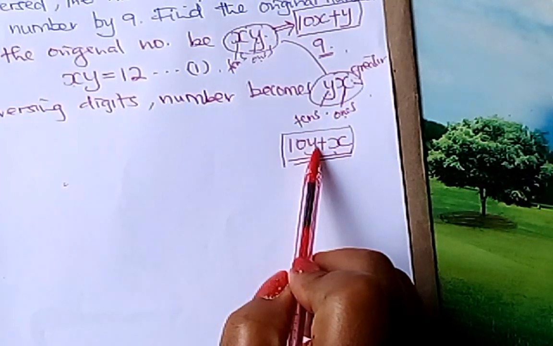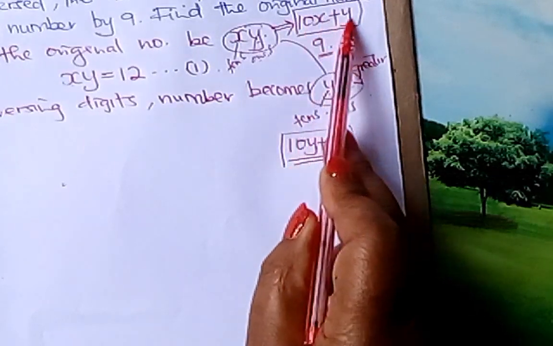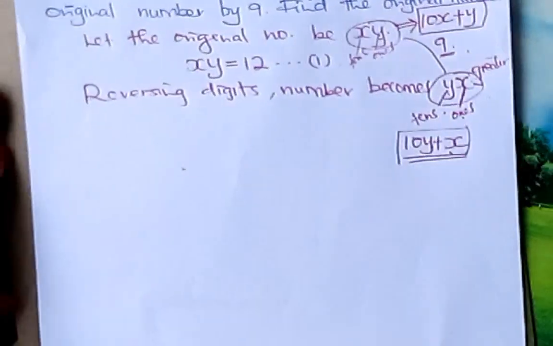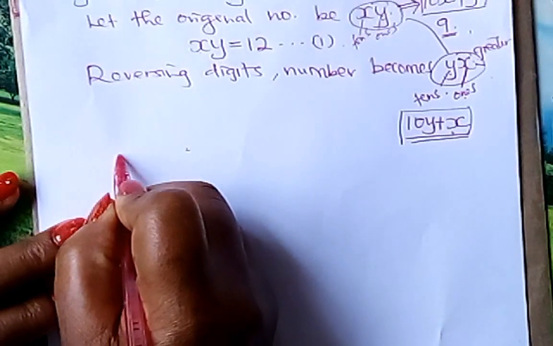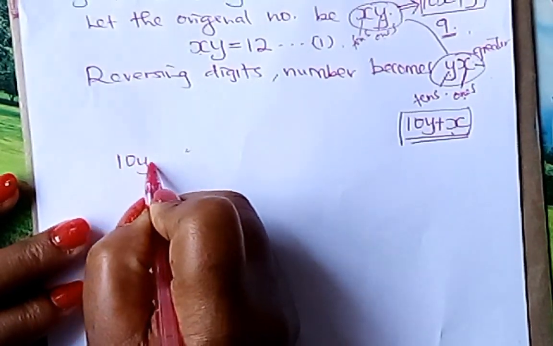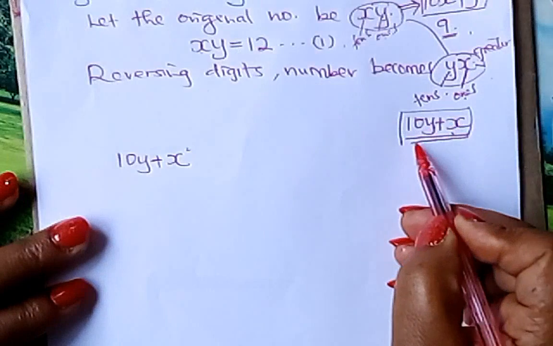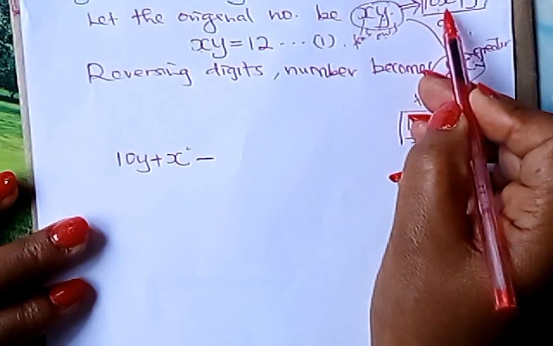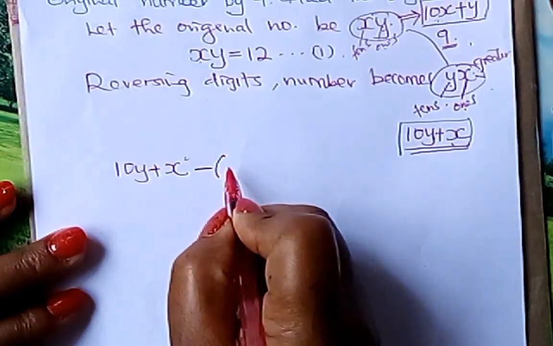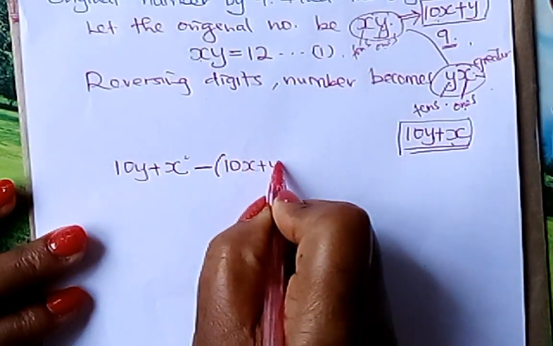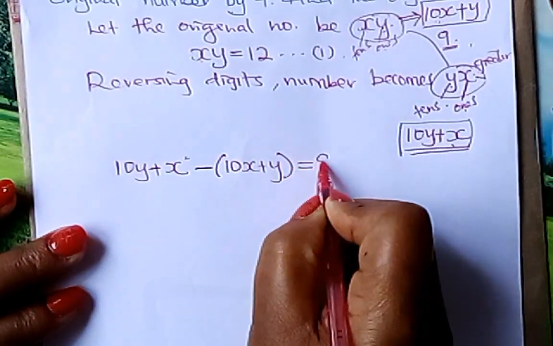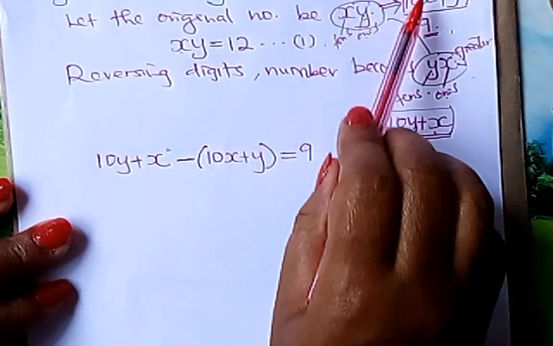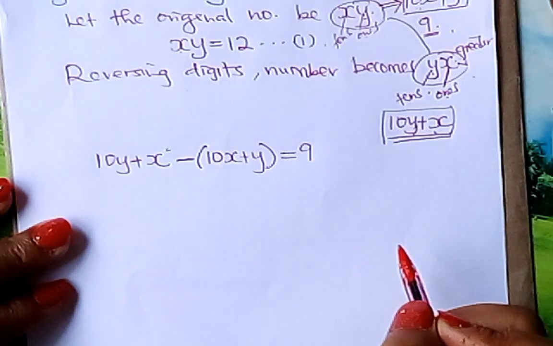The total value for the second number, 10y plus x, subtracting the first total value, 10x plus y, the difference should be 9. We use the total values to show the difference.